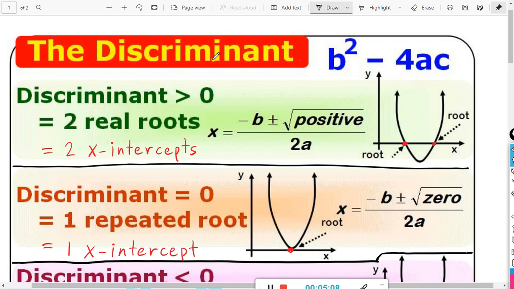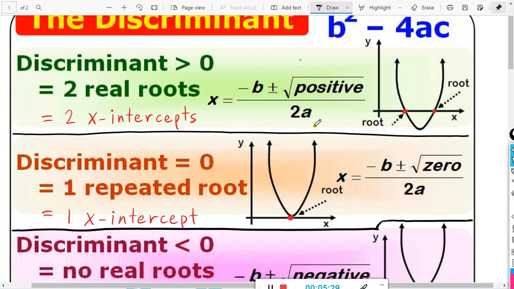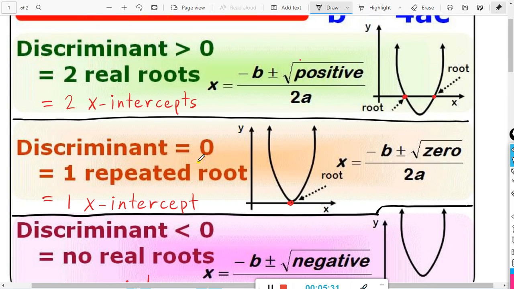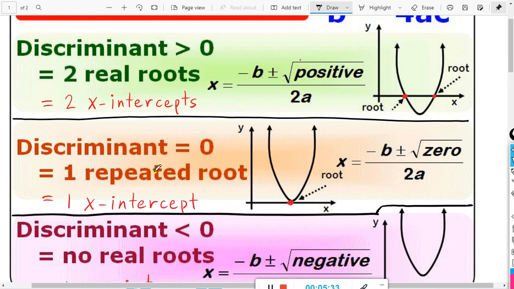So to sum it up for the discriminant, b squared minus 4ac: if it's positive, or greater than 0, you will have two real roots or solutions, and you will have two x-intercepts. The parabola will look like this, and you'll get the square root of a positive. If the discriminant equals 0, you'll just get one real root and one x-intercept.